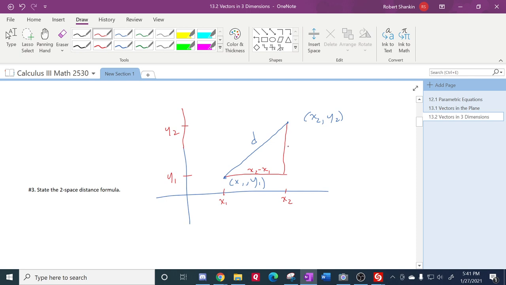So this change in the height is destination minus start, the difference. And Pythagorean theorem says this squared is equal to this squared plus this squared. And then you square root both sides, and it gives you d equals the square root of x2 minus x1 squared plus y2 minus y1 squared. There's the distance formula.